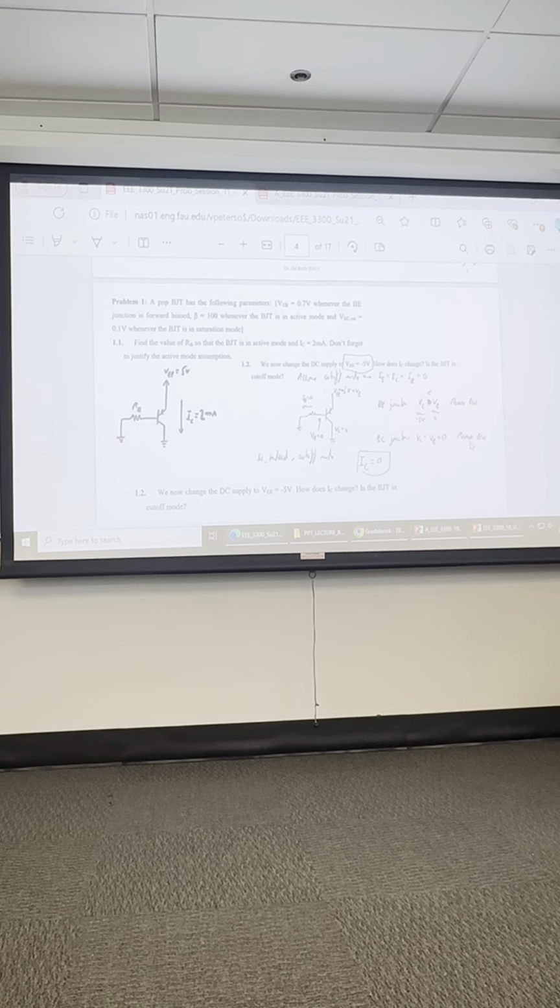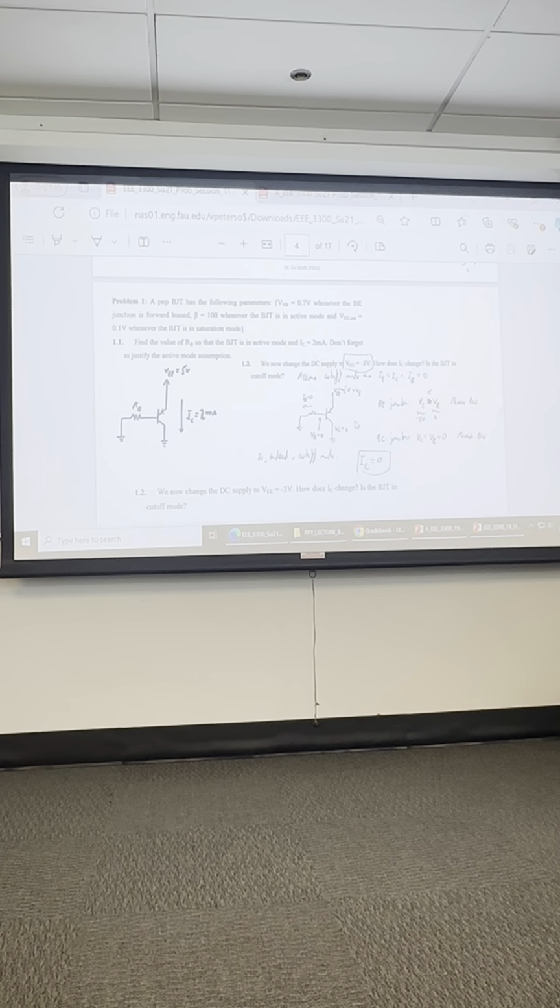You might come across a problem like this in homework 2, asking something about cutoff. To prove cutoff, we have to get the voltages on each terminal of the BJT, and from that, study whether the PN junctions are in forward or reverse mode.